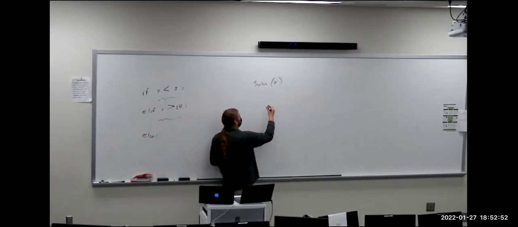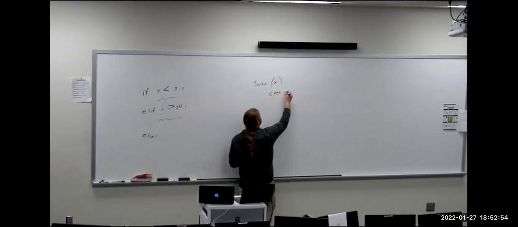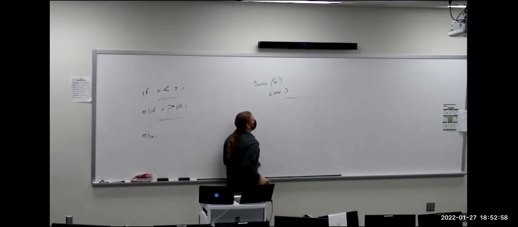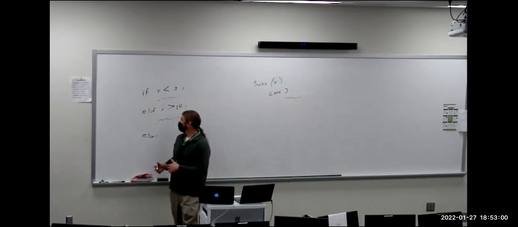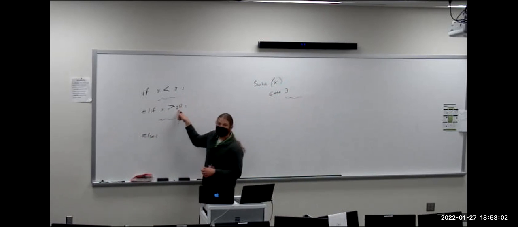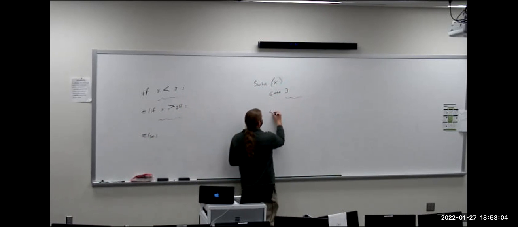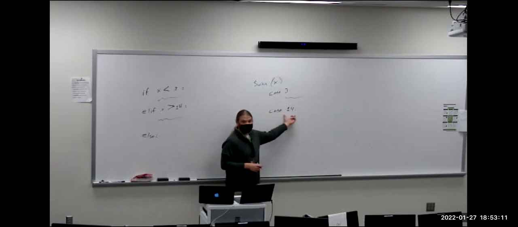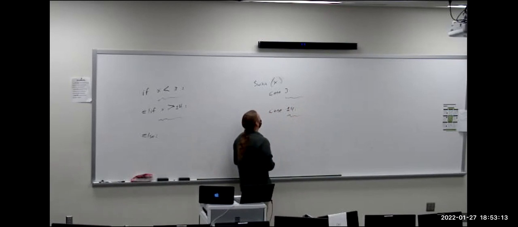So one of our cases could be a 3. Case is 3, then we do some stuff. The other one we're concerned about is a 14. Then maybe we compare the 14 and see if it's exactly equal to 14.